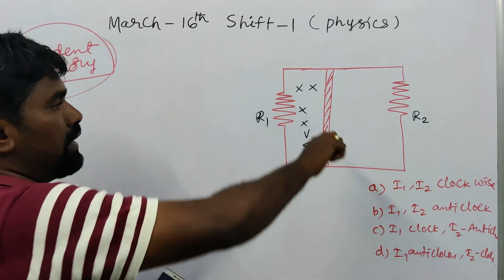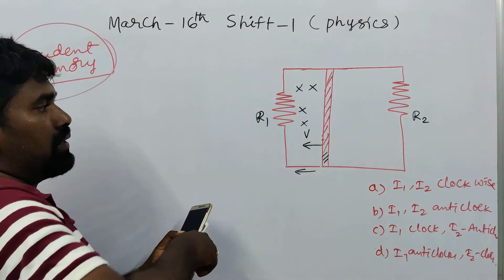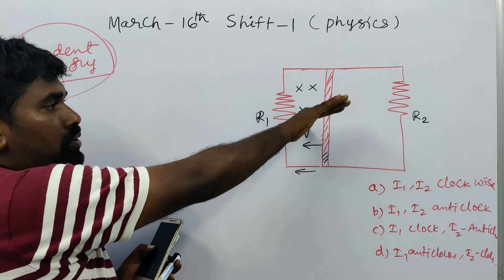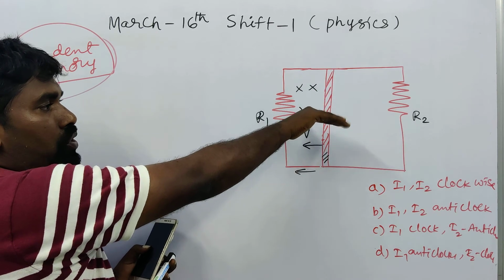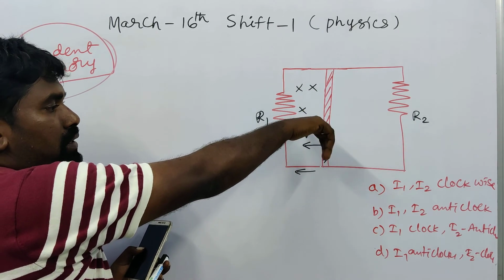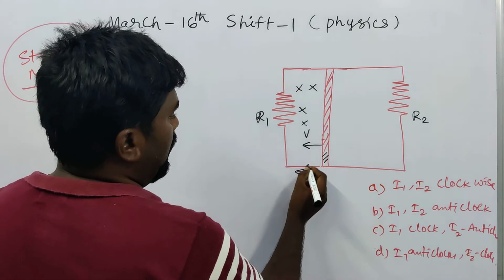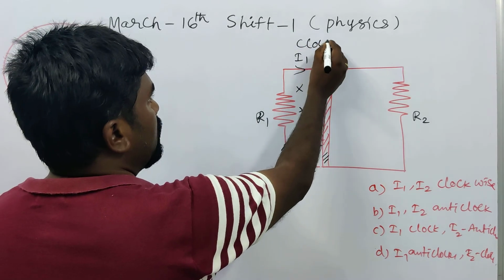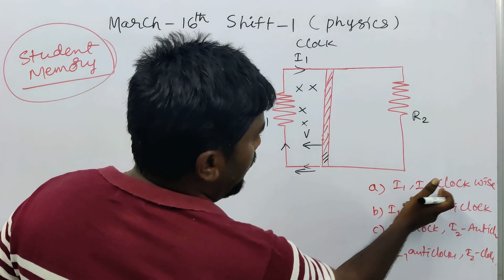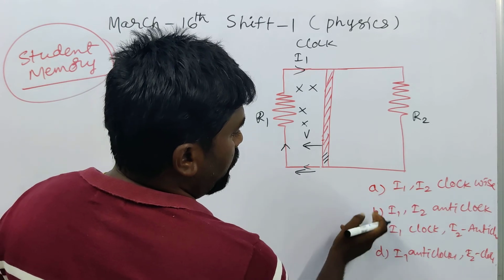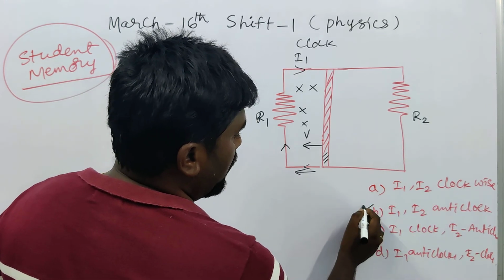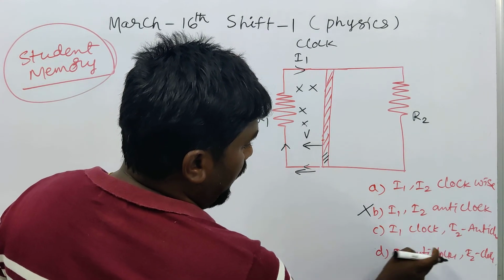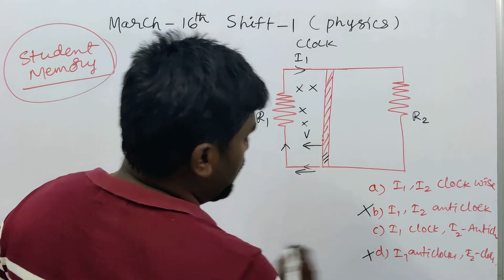Using the right thumb rule, entering into the plane, the direction should be clockwise, where I1 is in the clockwise direction. Among the options, I1, I2 both clockwise; I1, I2 both anti-clockwise is negative, neglect; I1 clock, I2 anti-clock; I1 anti-clock, I2 clock is also neglected.